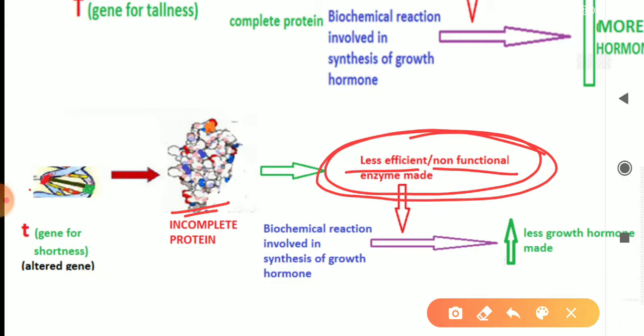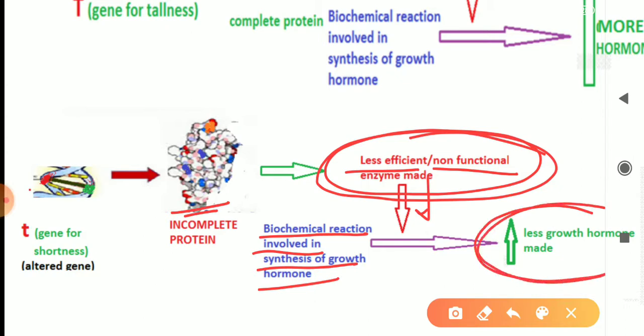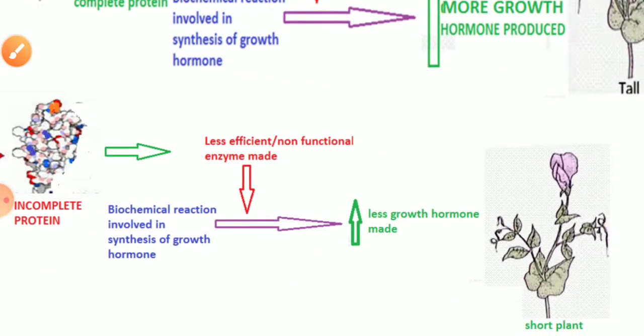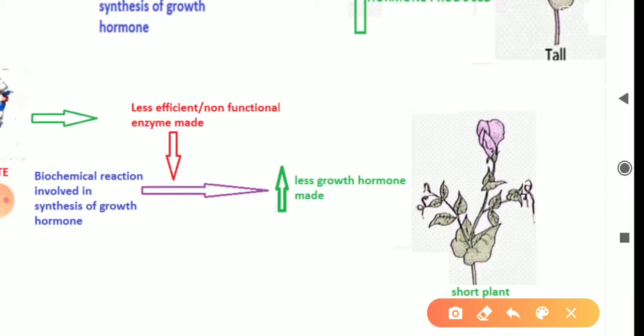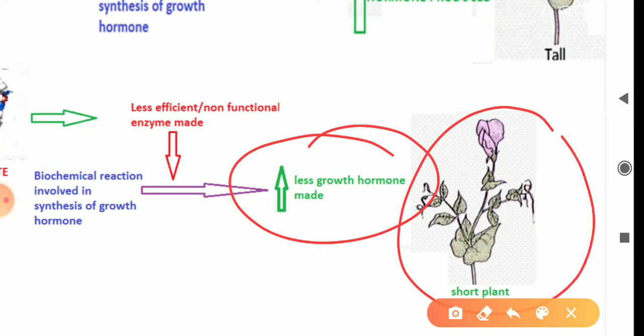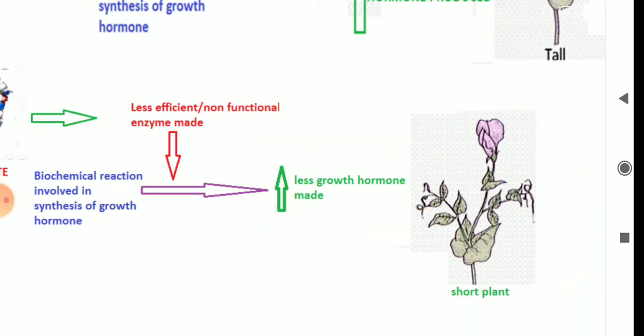And if it is less efficient or non-functional, definitely the biochemical reaction which this particular gene is involved in will not go properly, and so the amount of growth hormone which will be made will be quite less. And if the amount of growth hormone that is made is quite less, the plant is definitely going to be short. So in this way the genes control expression of trait.